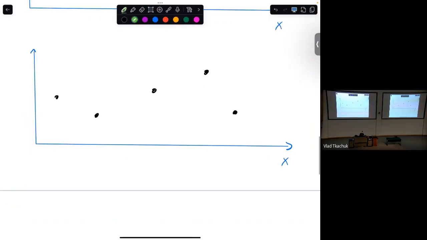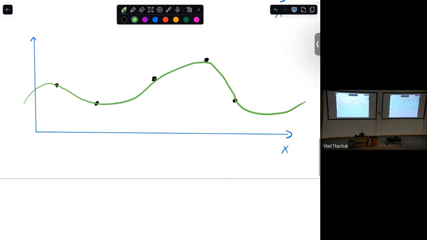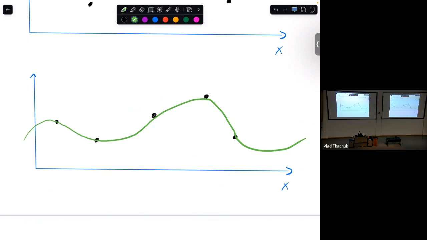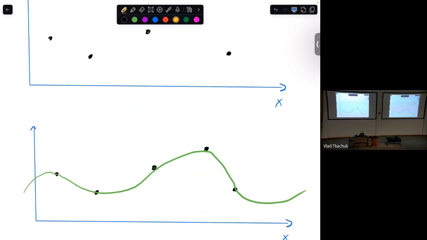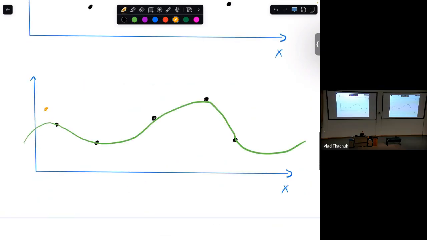And so we go ahead and pick the function, and if our function class is rich enough, we really can fit all the data points, which we've seen before. And so maybe we'll fit the data like this. Right? So first we gather data, then we fit the function. And you can already see, as we've talked about before, that if I gather new data, maybe it'll be like this.